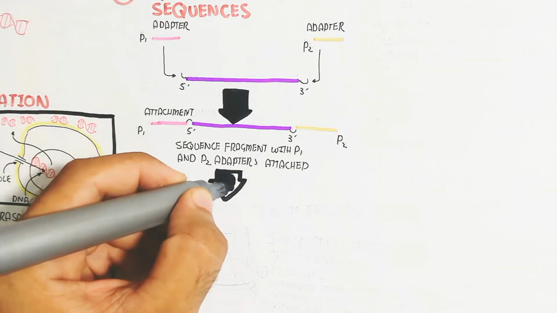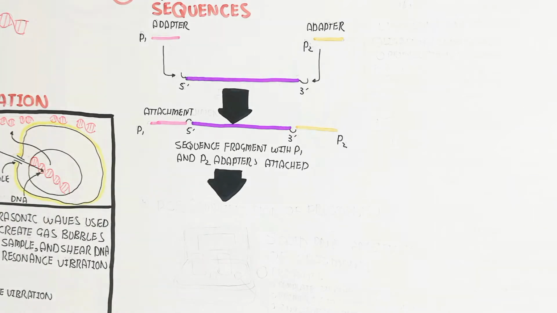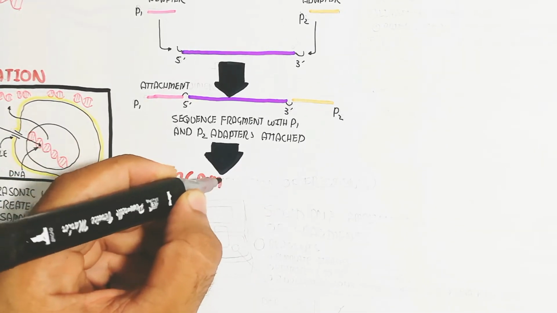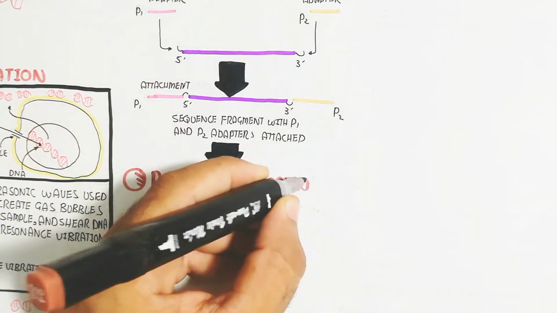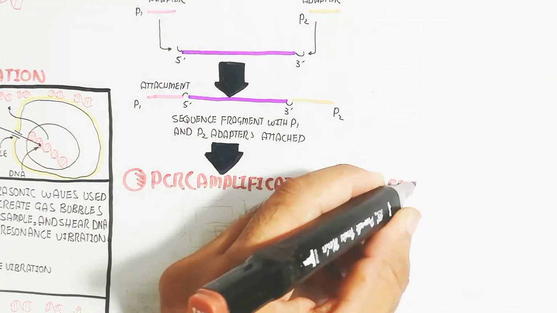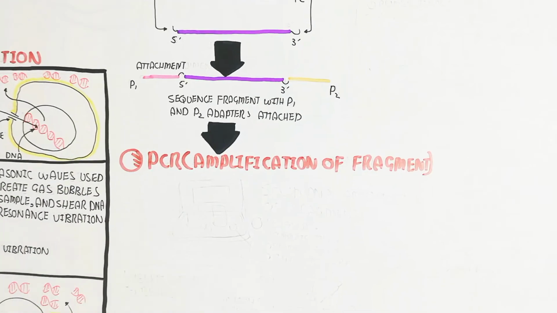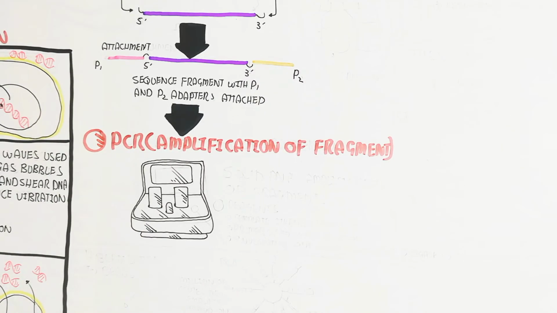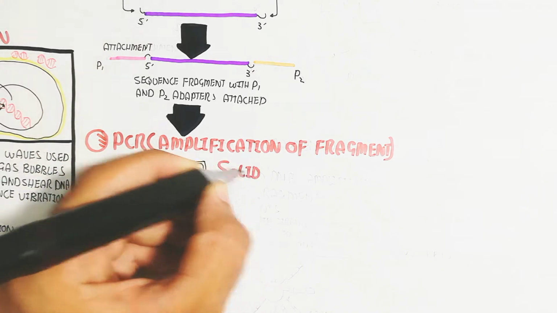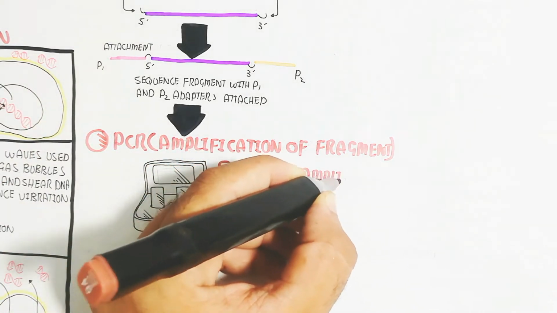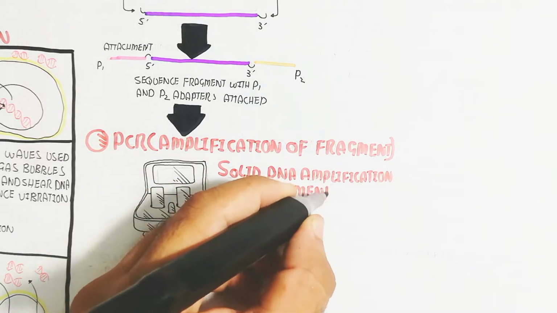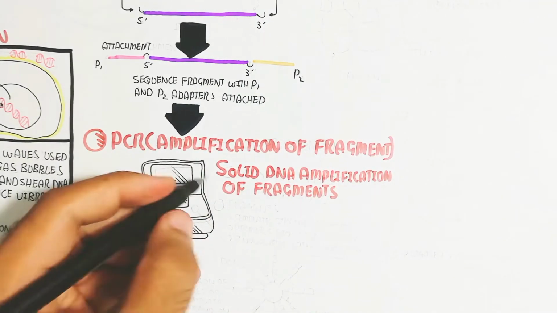After the ligation of adapter sequences is complete, comes the PCR amplification of the fragments. The amplification of the fragments requires PCR, which means polymerase chain reaction. This polymerase chain reaction is required for SOLiD DNA amplification of fragments, using reagents.